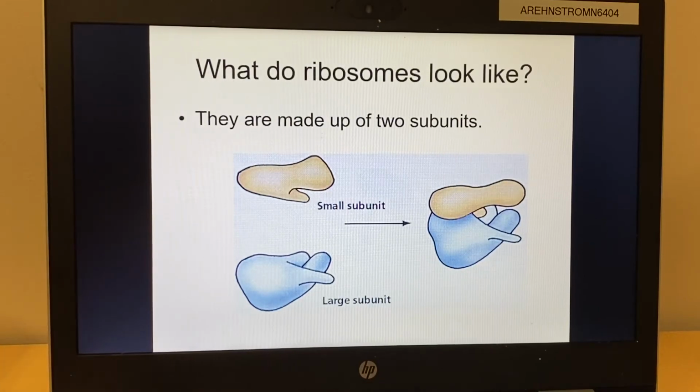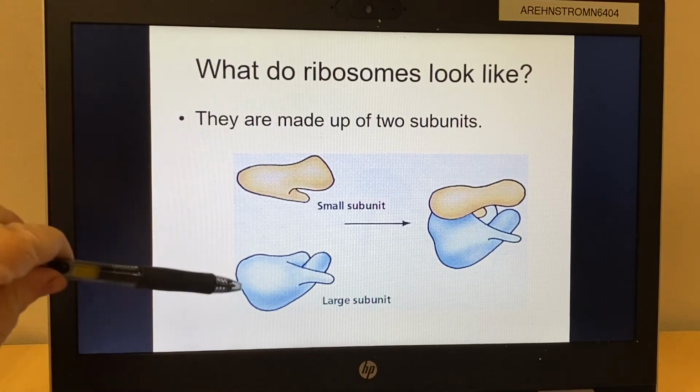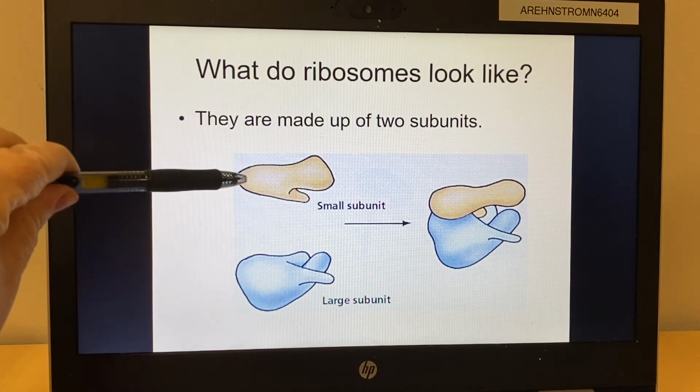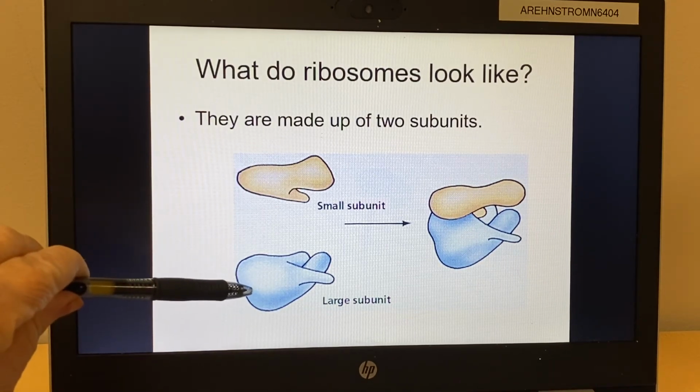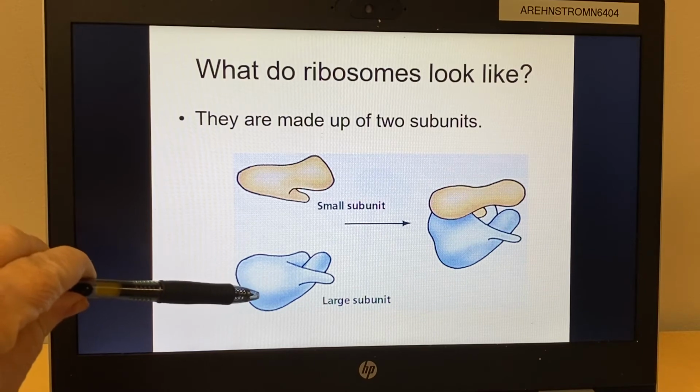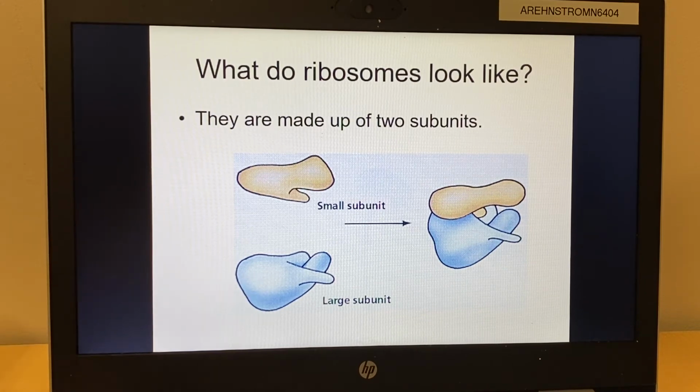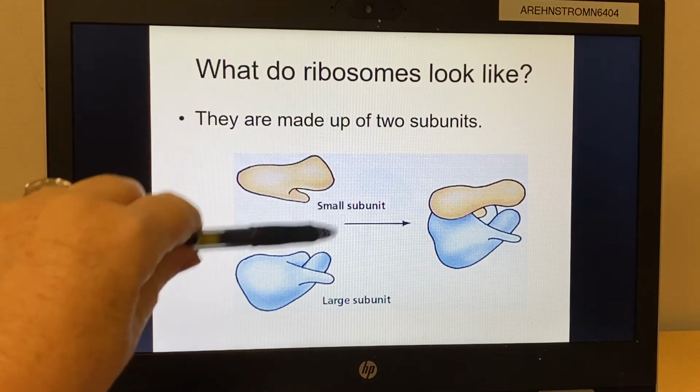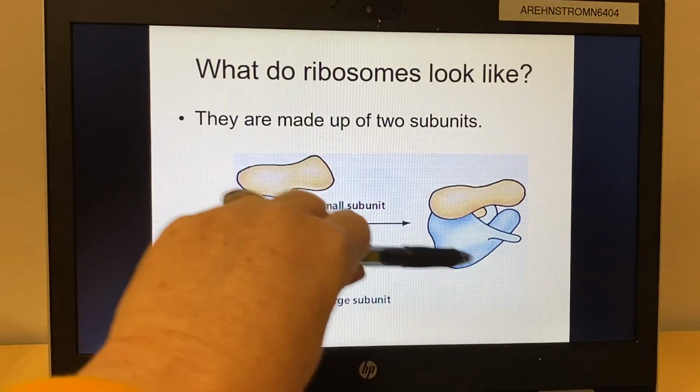Floating around in the cytoplasm at all times, you have the two subunits of ribosomes: a small subunit and a large subunit. When they hook on to the messenger RNA, they kind of look like an upside down snowman. But you can see they actually have a kind of weird shape. They kind of look like mating whales.